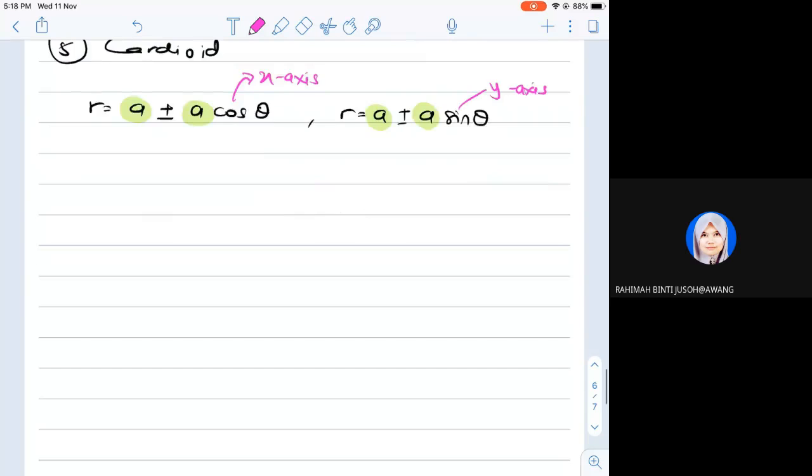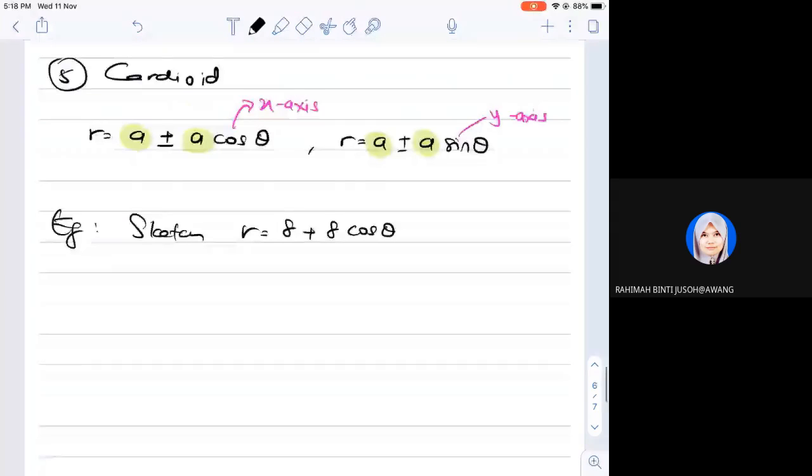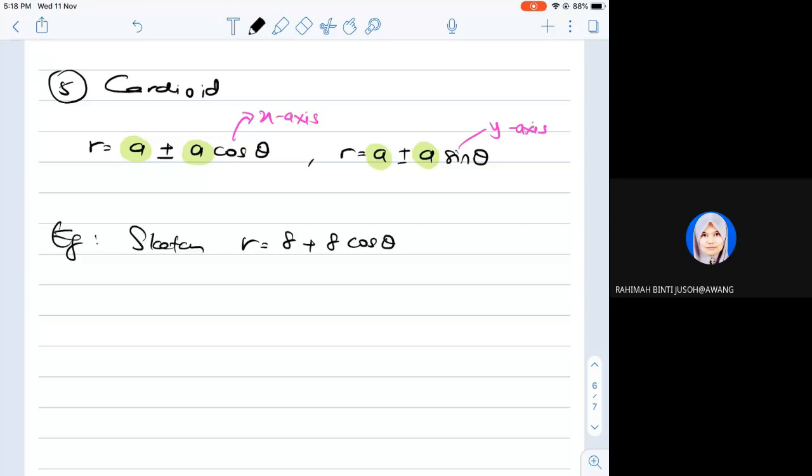Okay, so now, example, sketch R equals to, let's say we have 8 plus 8 cos theta. Okay, cardioid ni something related to your heart. Jantung, bentuk macam jantung, macam love gitu kan.